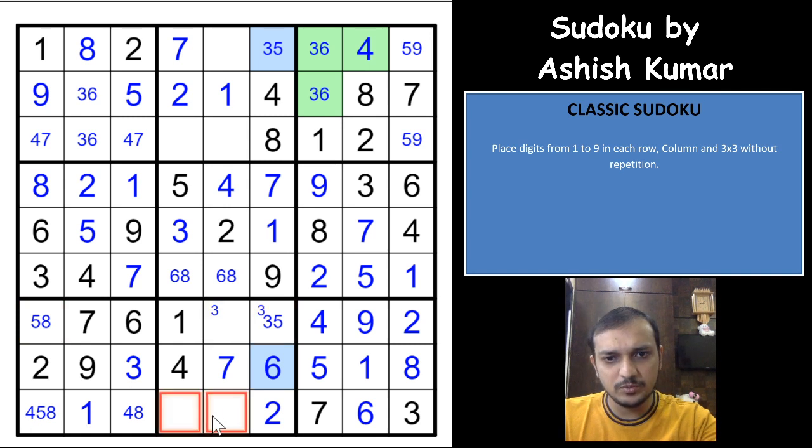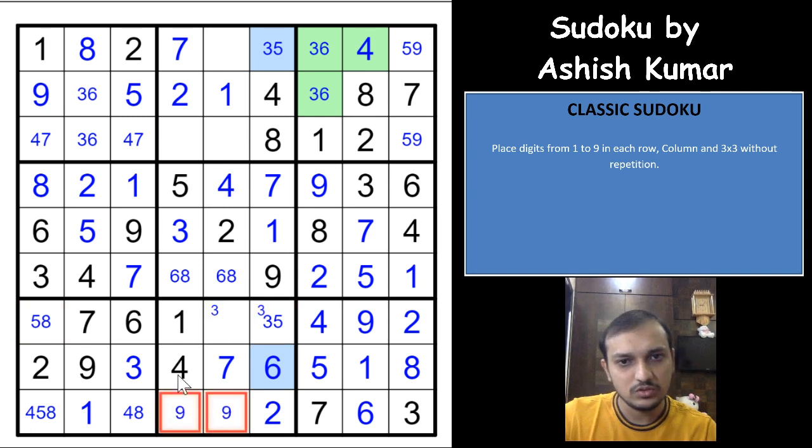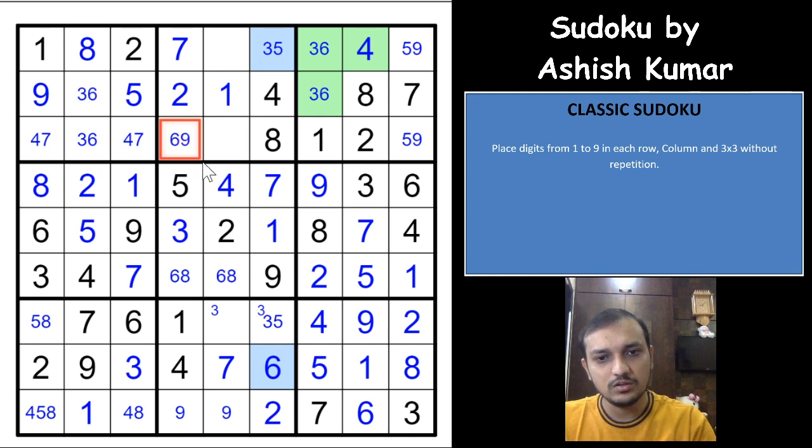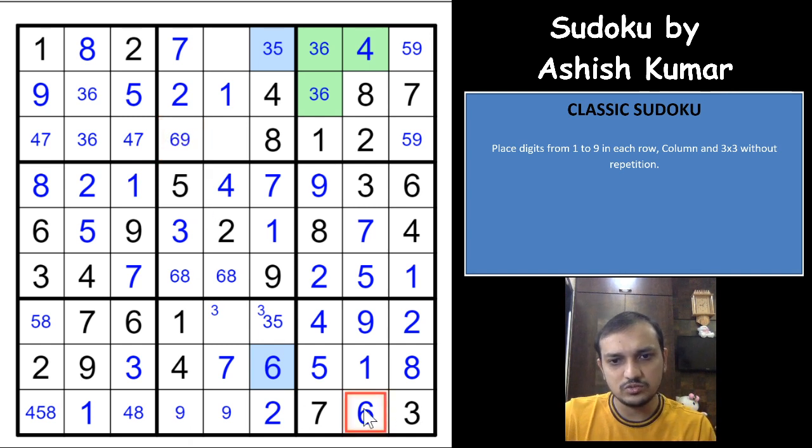Oh, 9 would have to be in one of these 2 cells. Okay, 4 7 3 6 5 9, 3 5, so this is 6 and 9, 6 8 and 9, so 6 6, this would have to be 8 and 9.